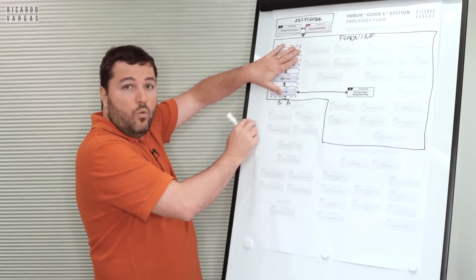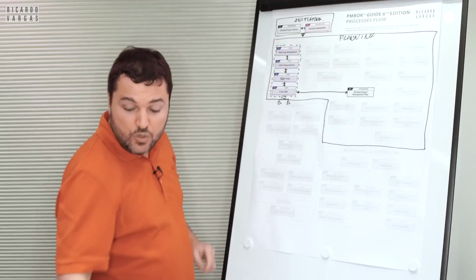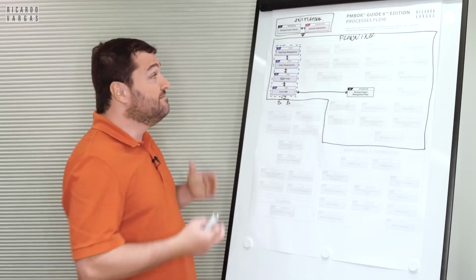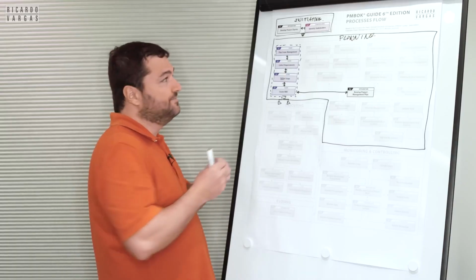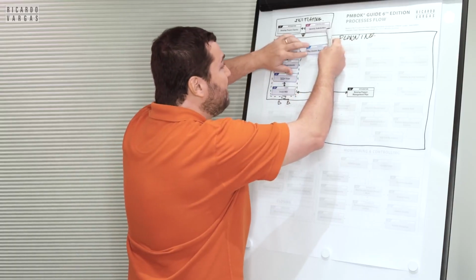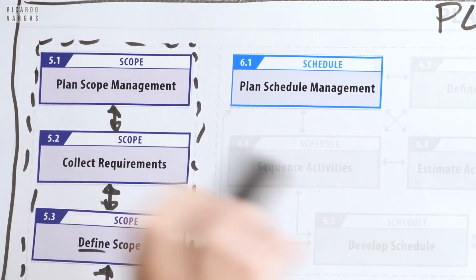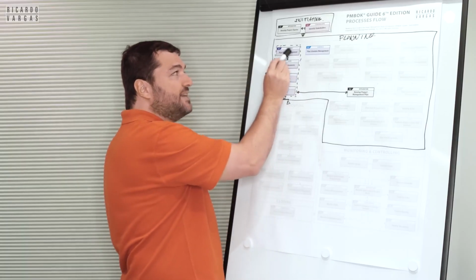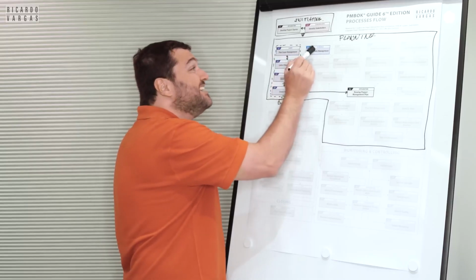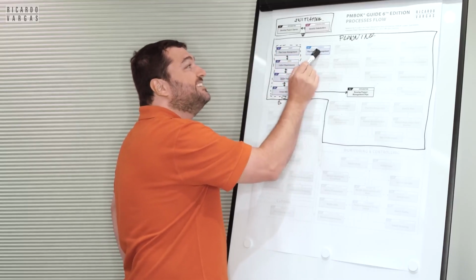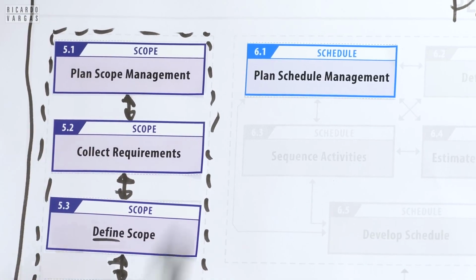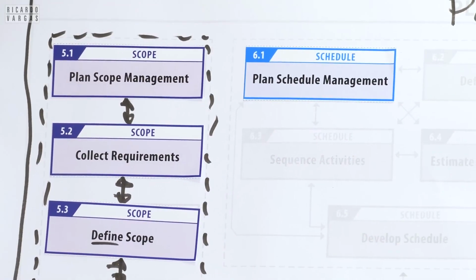After you know what you want to do, you need to understand how much time you plan. Then you do plan schedule management, and here you will work on the schedule. Remember why I spent some time explaining the scope? Because here it is absolutely the same as plan scope management, but here I'm concerned about schedule.